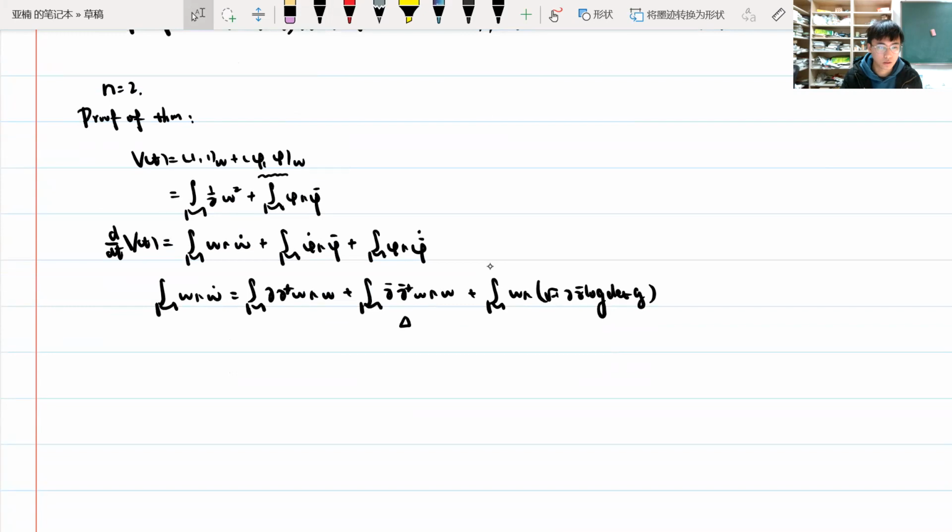We can do this term by integral by parts, and note this is a one form, so it is zero.